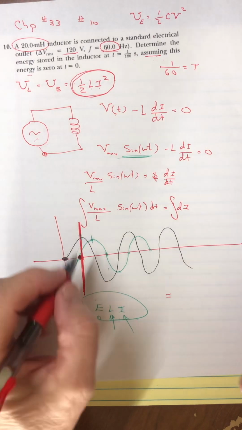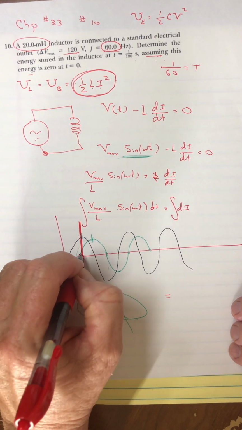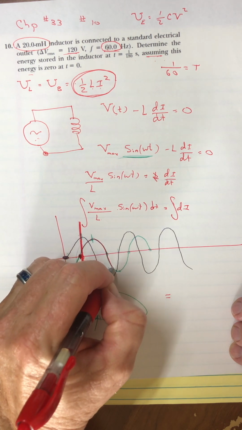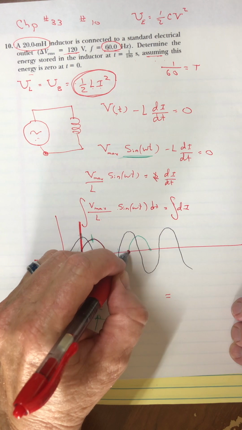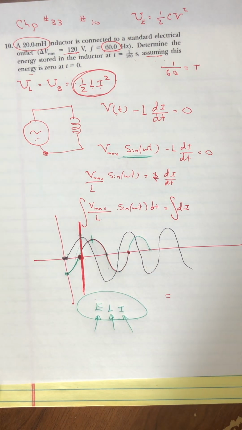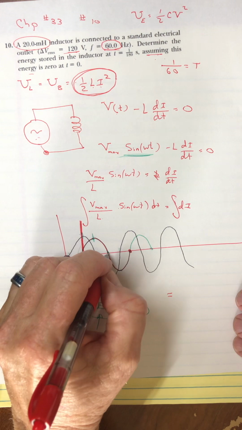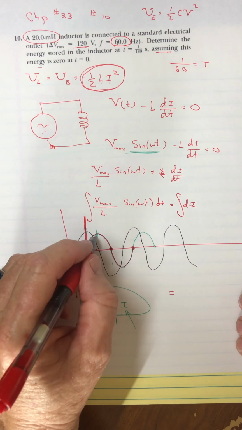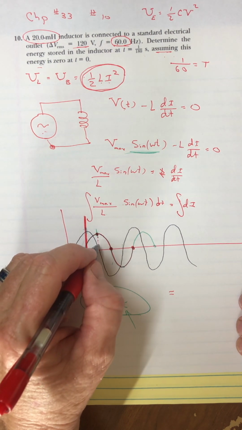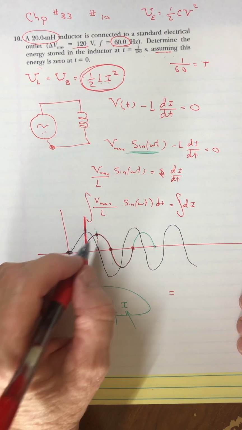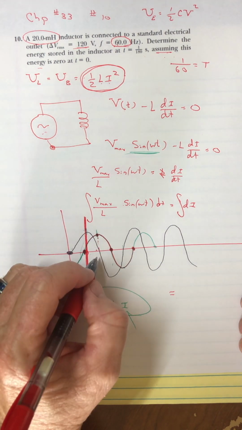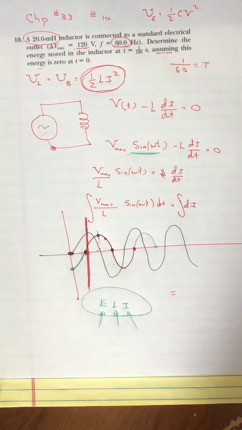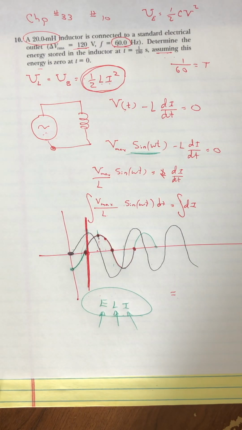So if I'm calling this time equals 0, a 60th of a second would be right there. Now, doubling that, I'd be at 1/20th. Doubling that, I would have its maximum at 100 or 101 over 240. And I guess I'm somewhere in between. I'm looking maybe right about there for the current.